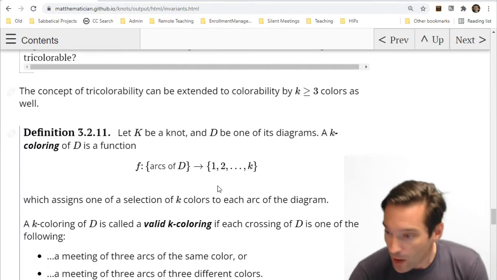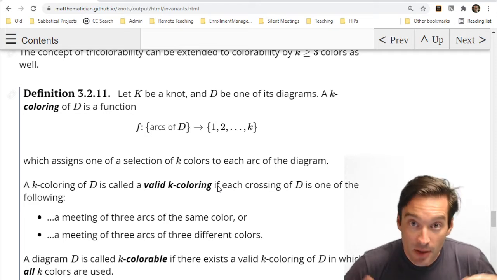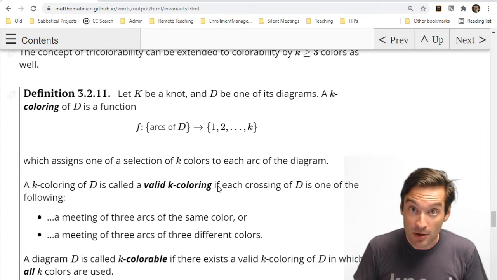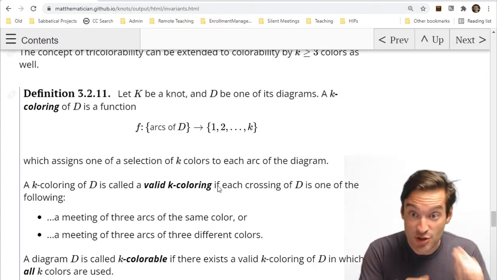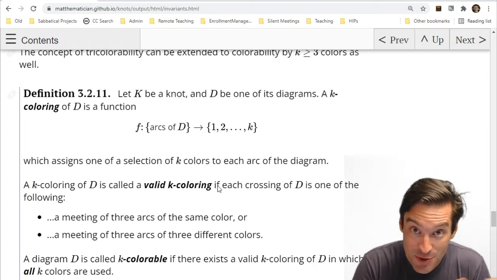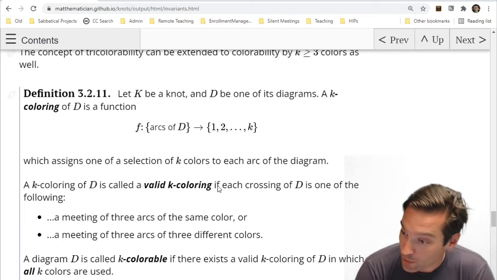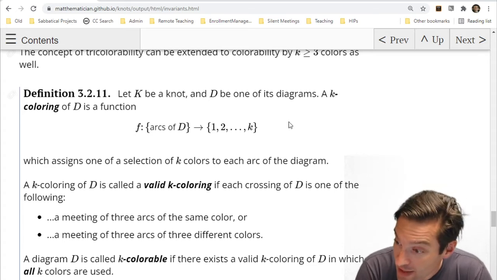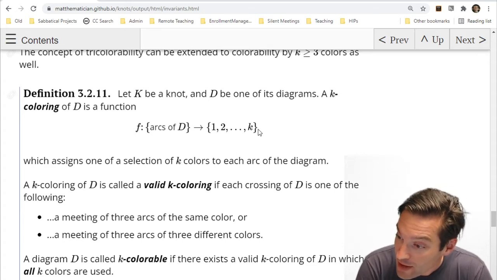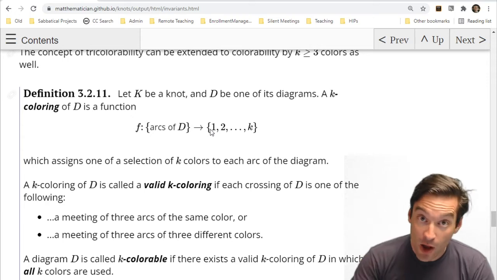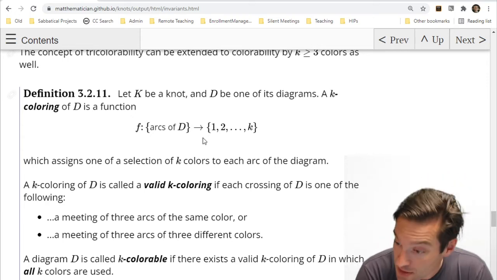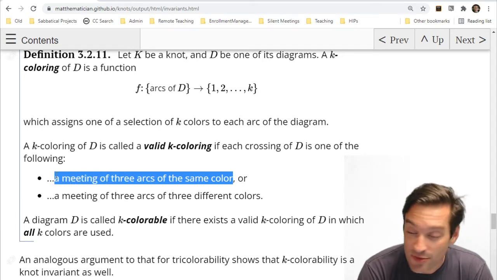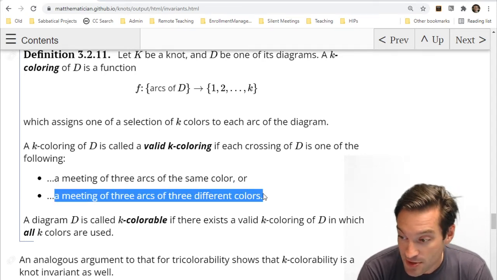So what we ultimately want to do is try and make colorability into an algebraic question, because we want something more sophisticated than just guessing and checking to figure out whether we can successfully tricolor a knot. Or more generally, if I have K different colors in my box of crayons, can I color my diagram using all K of those colors subject to these same requirements, that at each crossing, either all the arcs have the same color or all three of the arcs at that crossing have different colors?